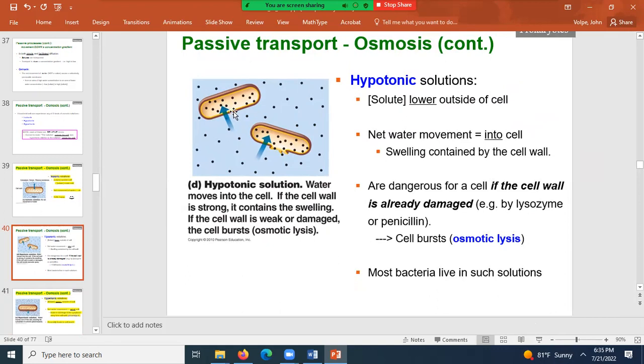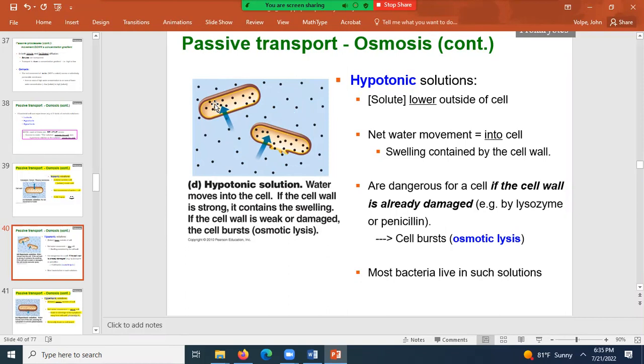And an easy way to remember this is the concentration of the water is just always the reverse of the concentration of the solute. So there's less solute outside the cell. That means there's more water outside the cell than there is inside the cell. When the cell is in a hypotonic solution, there will be net movement of water into the cell.